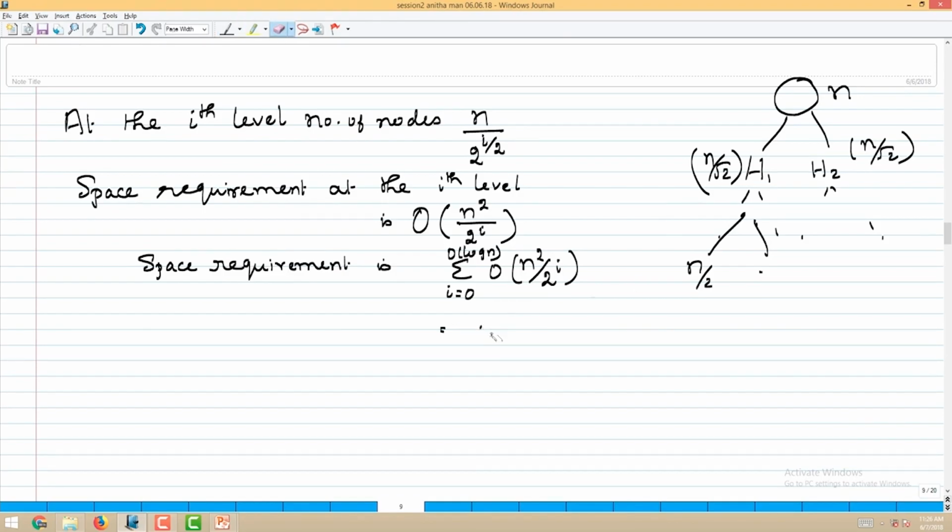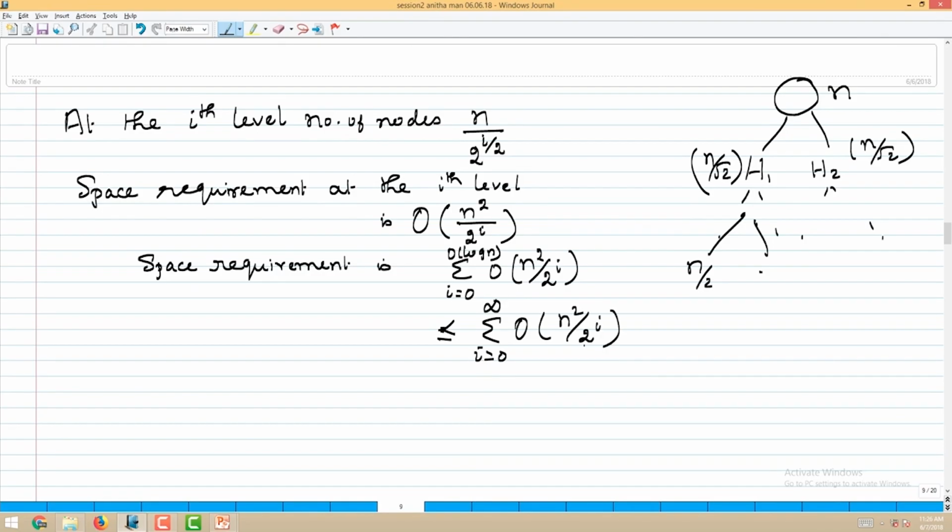So, when you expand this one, it is order of n square into up to order of log n you will be having. So, you can make one more assumption, it is less than or equal to that infinite series summation sigma i equal to 0 to infinity order of n square by 2 power i.